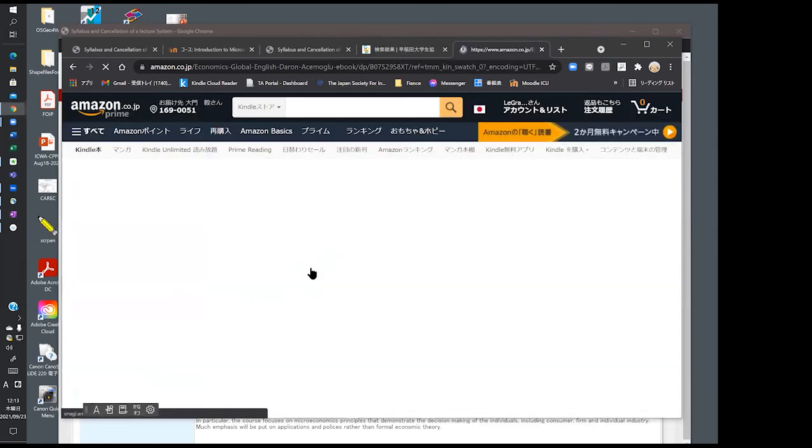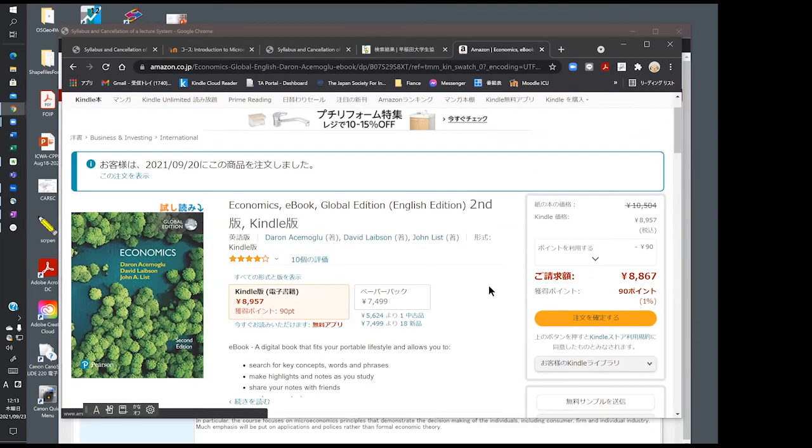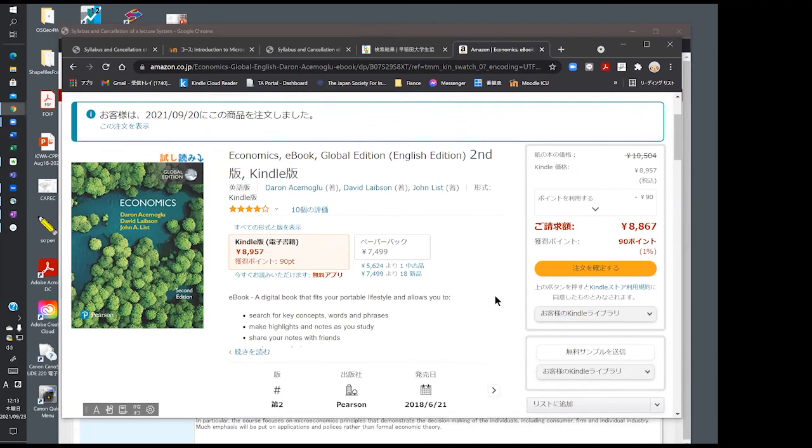Or the Kindle version, which is nearly the same price as the co-op book. Kindle is handy, and we are doing this on demand. So I also purchased Kindle, which is okay. So that's the textbook issue.